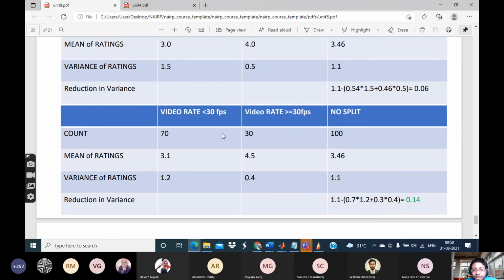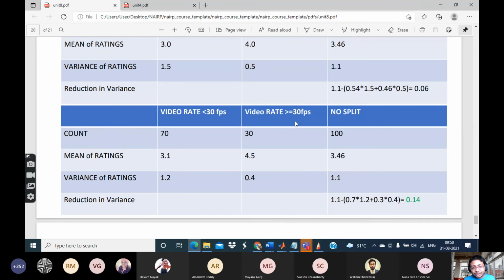Now, if I consider a different feature, like say the video rate, then it turns out that if the video rate is less than 30 frames per second, my mean rating is 3.1 and the variance of the rating is 1.2, which is not very different from what I had originally.